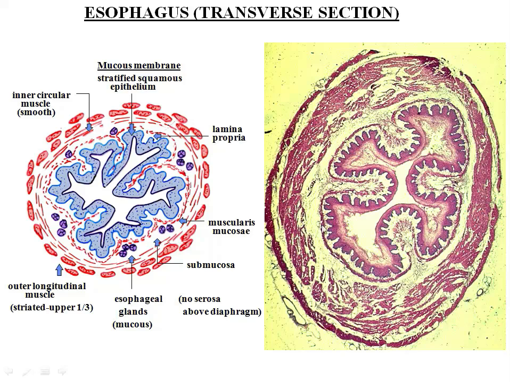You can see this violet color line is the muscularis mucosa layer. Thereafter, the muscularis externa. So this portion from here up to this portion is the muscular layer of smooth muscles.